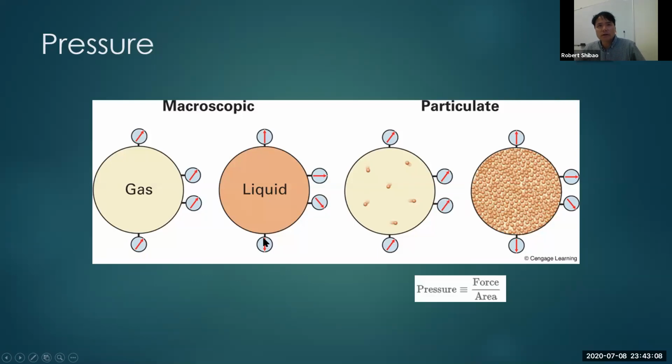As far as pressure goes, gases are pretty interesting in that they exert pressure evenly. This is for small samples. For small samples, the pressure at the top is the same as the pressure at the bottom. However, for large samples, let's say we're looking at a very large sample of gas.